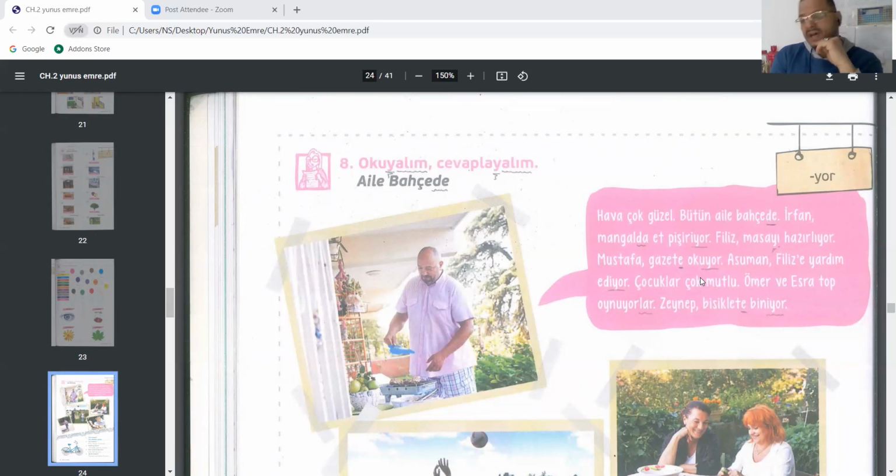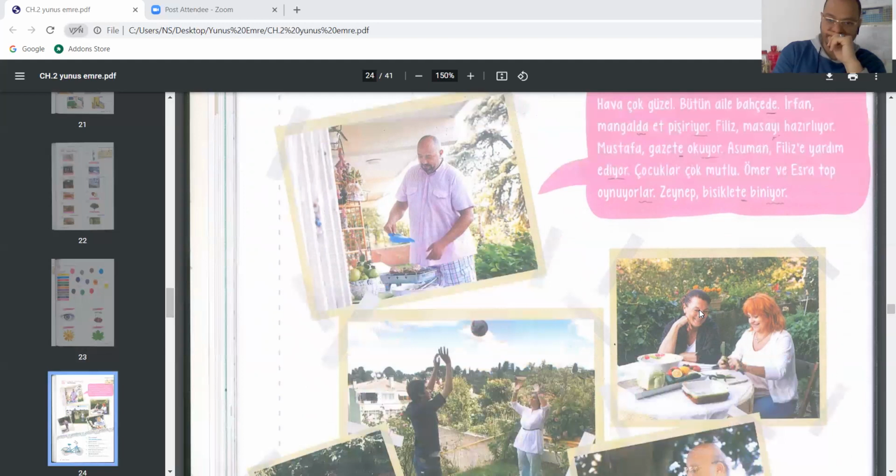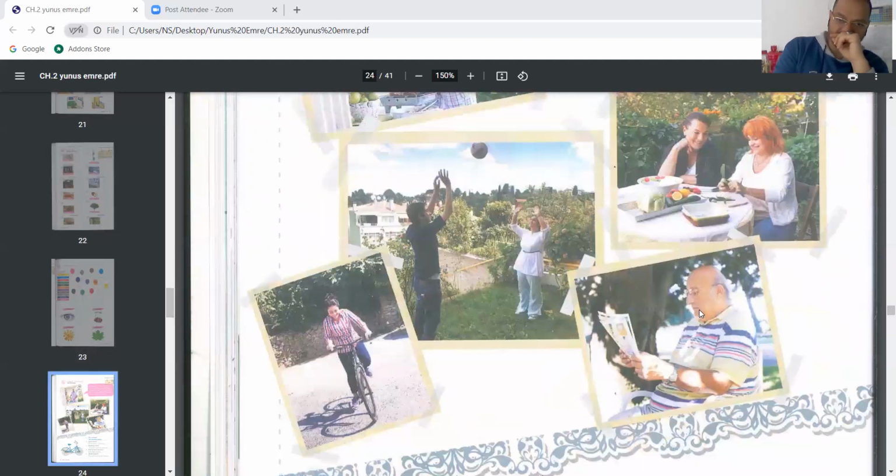Osman helping Filiz. Çocuklar çok mutlu. The kids are very happy. Omar ve Esra top oynuyorlar. Omar and Esra playing football. Zeynep bisiklete biniyor. Zeynep riding the bicycle.